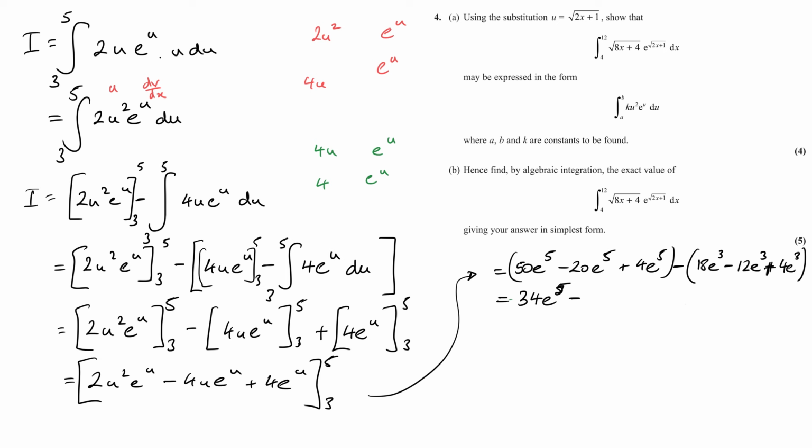I've got 18 minus 12 is 6, plus 4 is 10, so we're taking away 10e to the power 3. And that can be simplified no further. Okay, and that's all there really is to it.